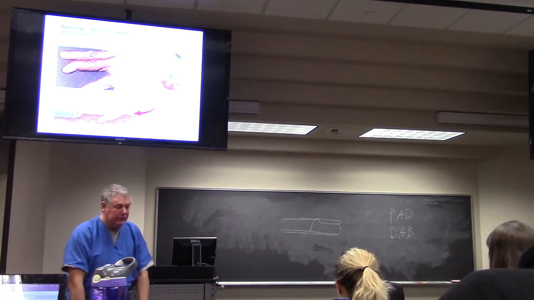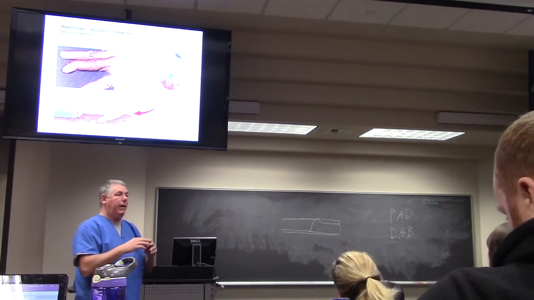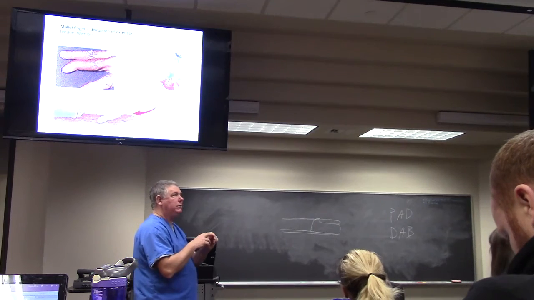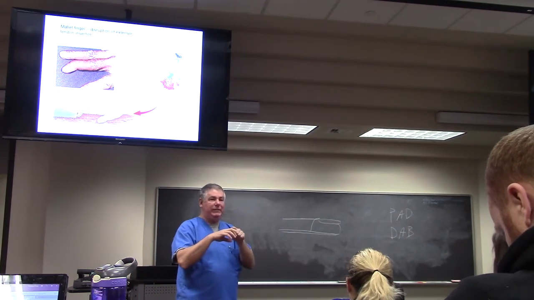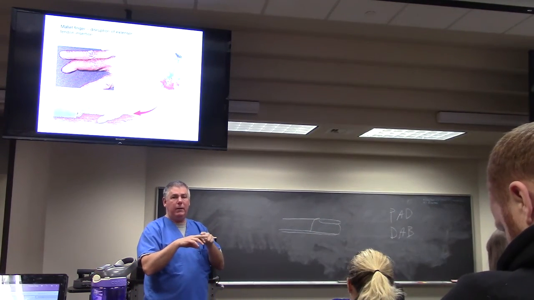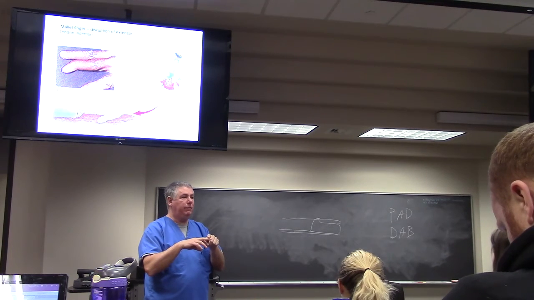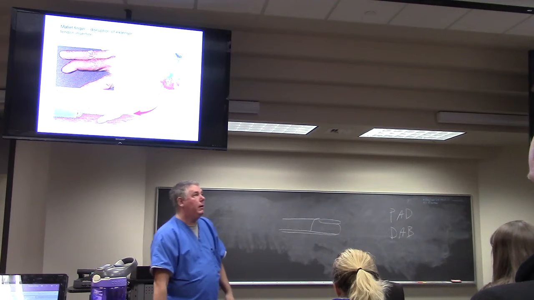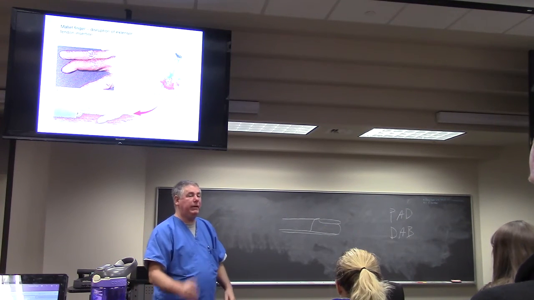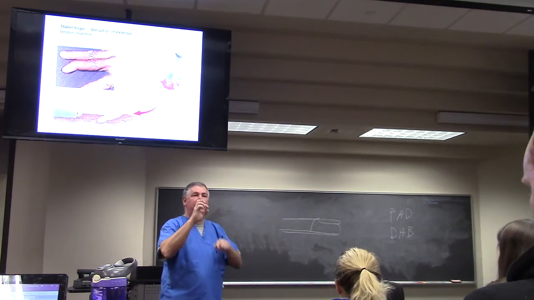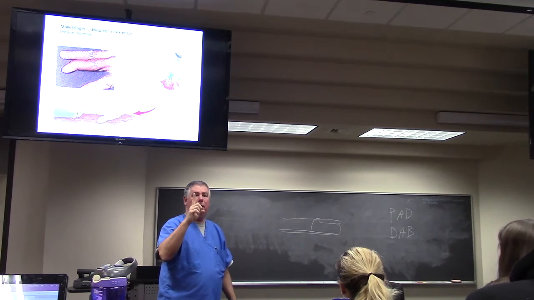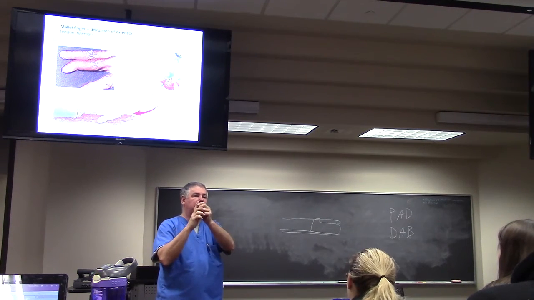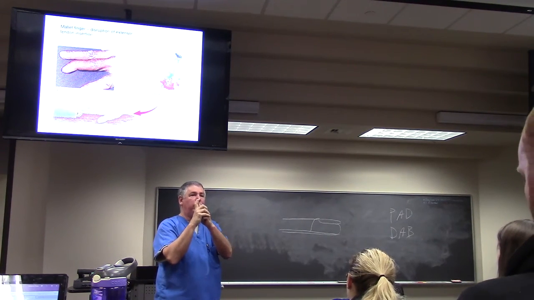Mallet finger is when you wind up with an avulsion type fracture of the extensor tendon from the distal phalanx, or it's the extensor expansion really. And what happens is, because you can't extend that digit, the unopposed action of the flexors will eventually draw it down.